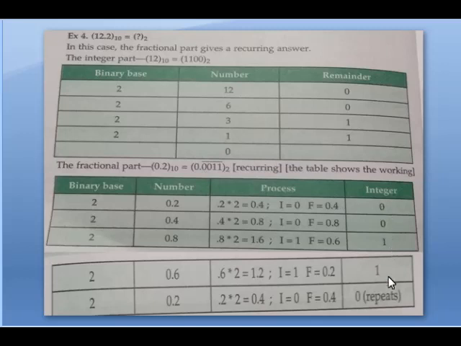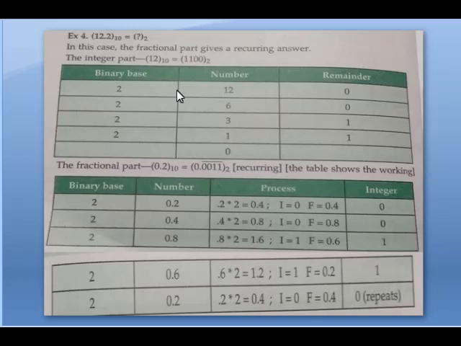If we put a line like this, from which digit it is again repeating. So this means the digits are repeating and it is going on like this. Okay, students. So this is the different type of questions. So the answer, how will you write the answer? 1100.0011 bar. Okay, bar means these digits are repeating again and again.